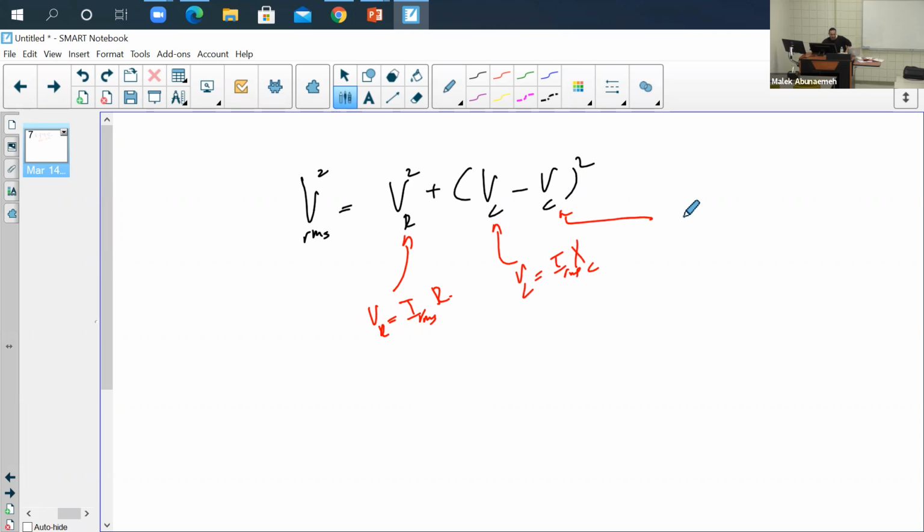And for the one going across the capacitor, VC is going to equal your I root mean square multiplied by the capacitive reactance.